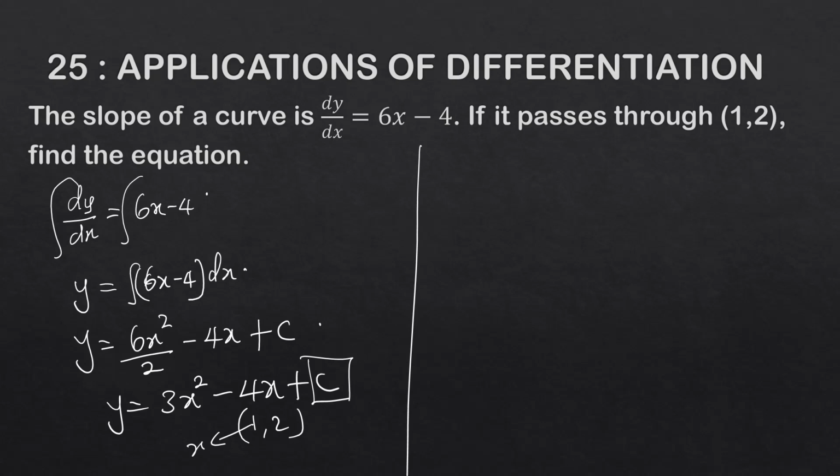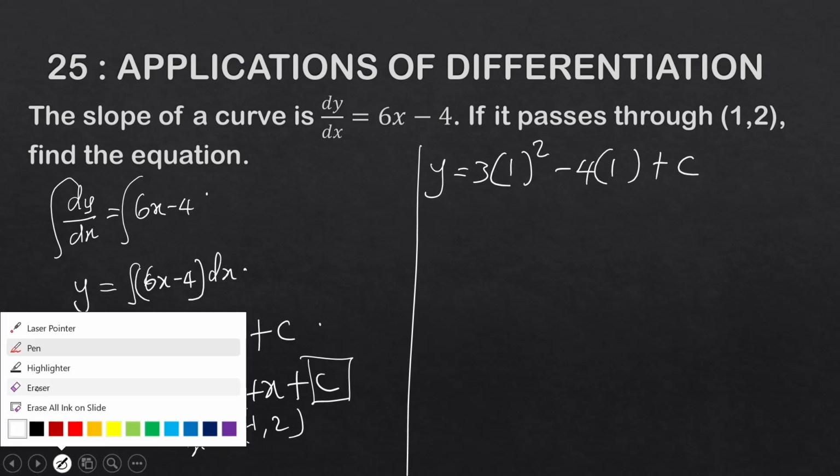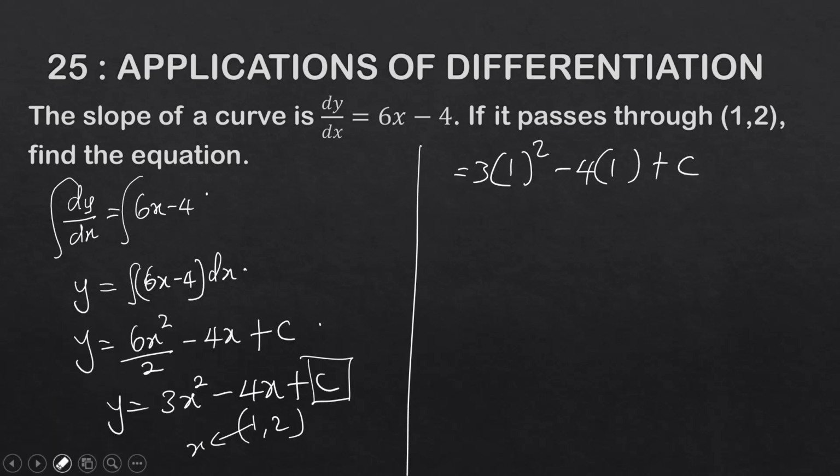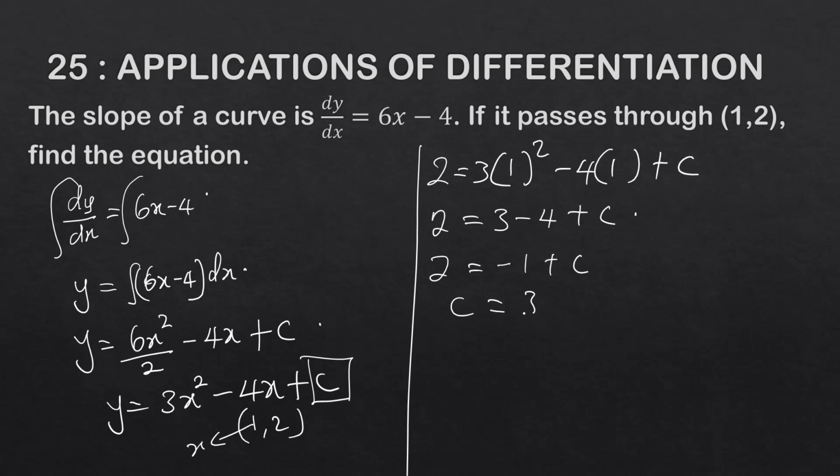So y is equal to 3 times 1 raised to power 2 minus 4 times 1 plus c. And remember that y is also supposed to be substituted for us to find c. y is 2. So 2 is equal to 3 minus 4 plus c. So 2 is equal to 3 minus 4 is minus 1 plus c. Therefore, c is going to be 3.